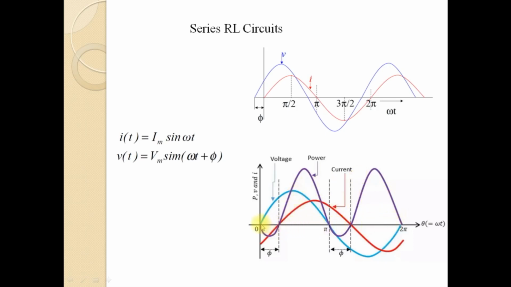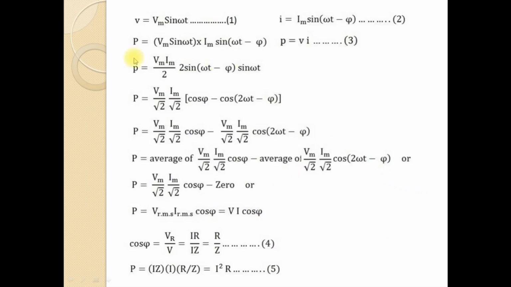So as a whole, during one complete cycle, the total power consumed by the circuit will be positive. This can be seen from the waveform we have seen in the previous slide.